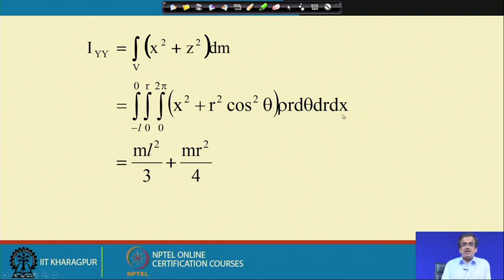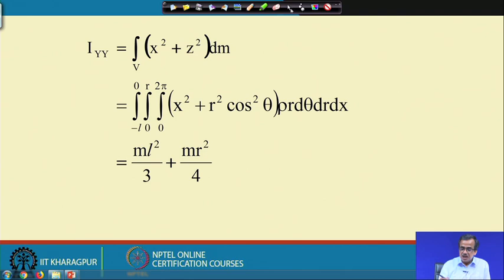If you carry out this integration with these limits, you can very easily find the expression for I y y, the moment of inertia about y y, which is m L square by 3 plus m r square by 4.